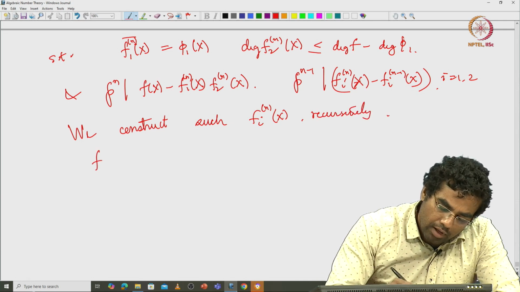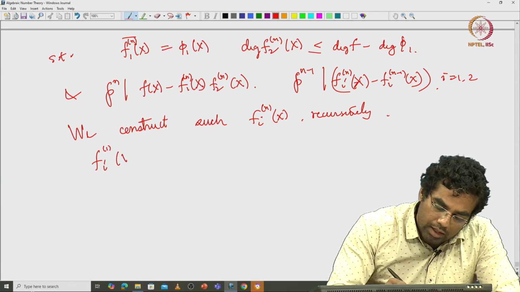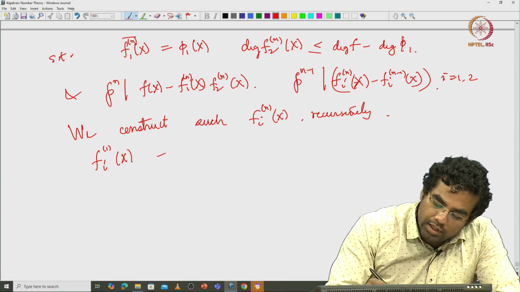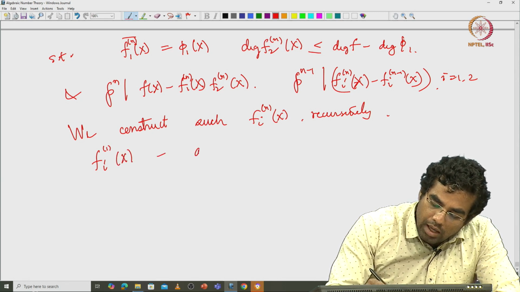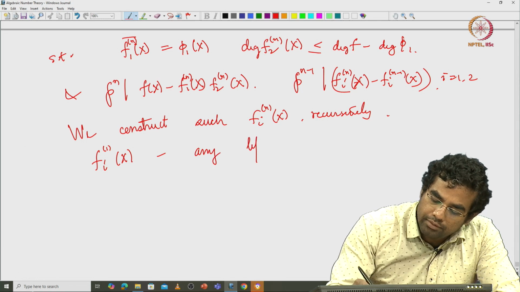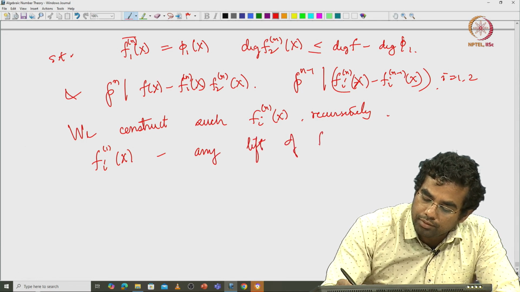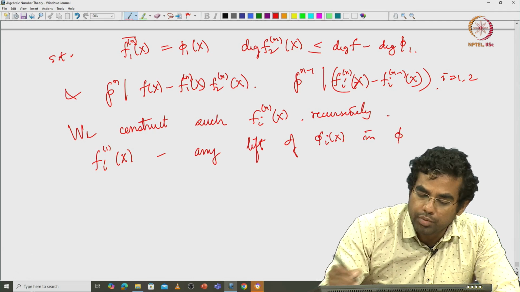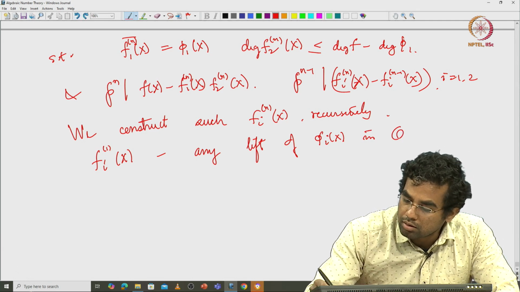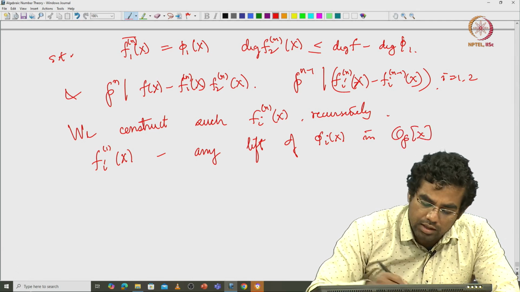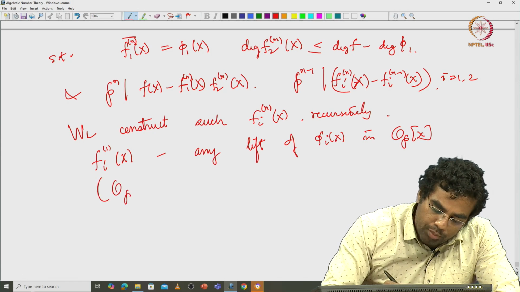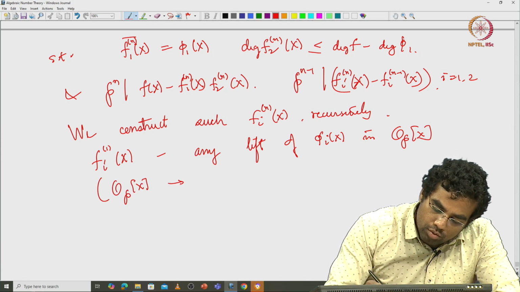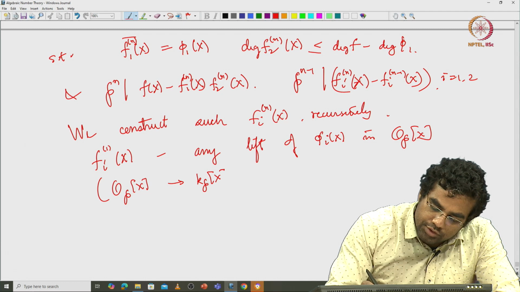So, what is f_i 1 of x? These are simply any lift of phi_i of x in O_p of x. Remember, the map from O_p of x to k_p of x is surjective.